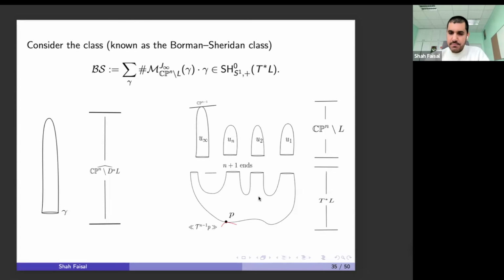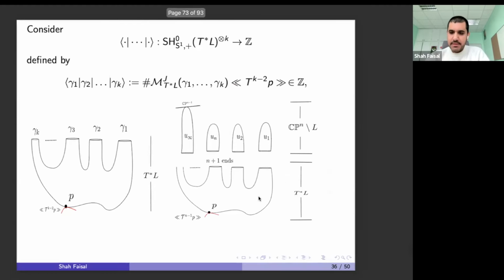And for the bottom level, I define these linear maps. If you take k input orbits, you assign to it an integer, which is the sign count in a moduli space of punctured holomorphic spheres with k positive ends and satisfying a tangency constraint of order k minus 2.